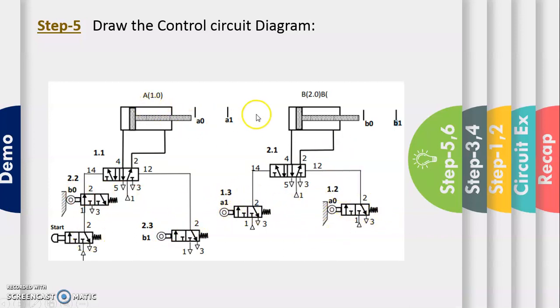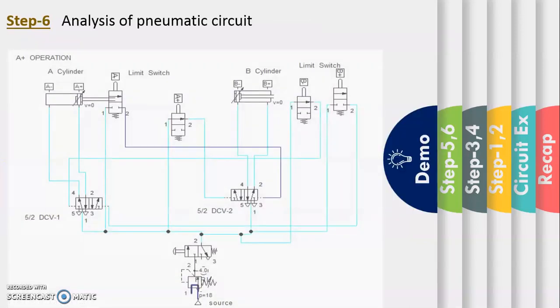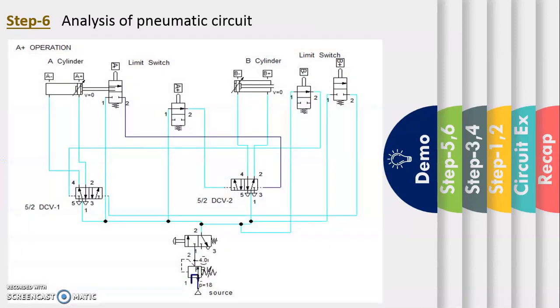Whenever A1 is actuated, A1 has to be connected to our B cylinder to make it extend. Once B1 is extended, B1 has to make cylinder A retract. After A retracts, the A0 output has to make your B cylinder retract. So this will be our analysis. You just see the analysis. The analysis is done in our FluidSim simulation tool.